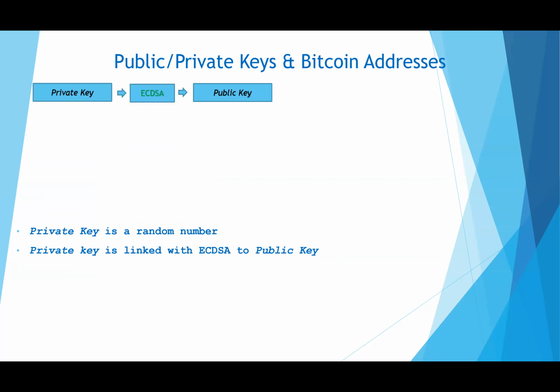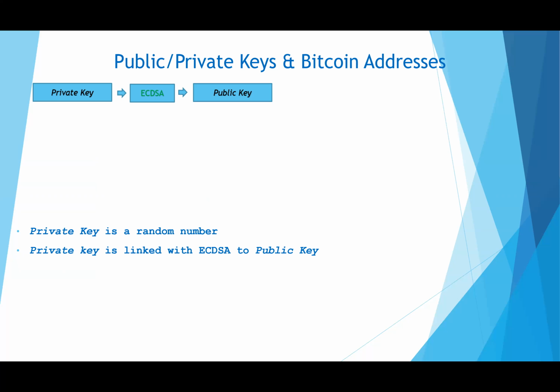So what we now have in Bitcoin is a thing called a private key and a public key. A private key is just a completely random number. It's any number out of 2 to the 256 or something. It's more than the potential atoms of the universe, just a purely random number.